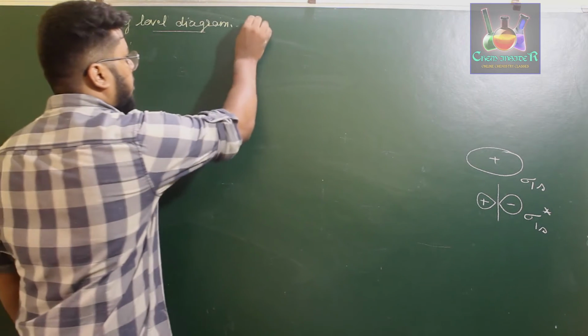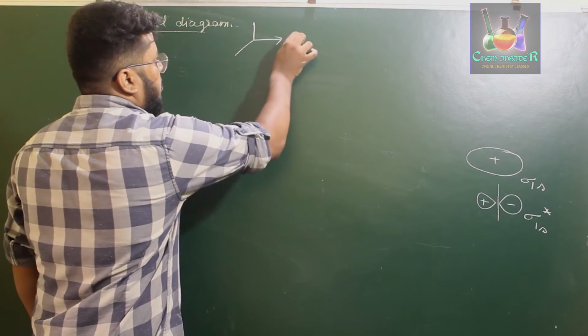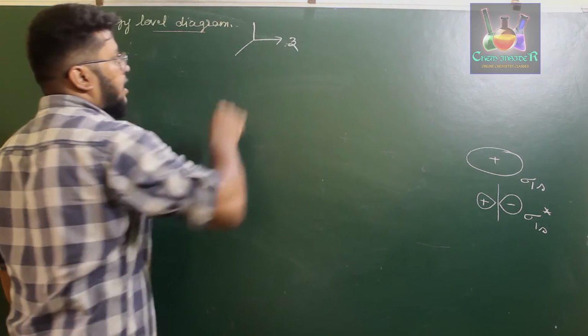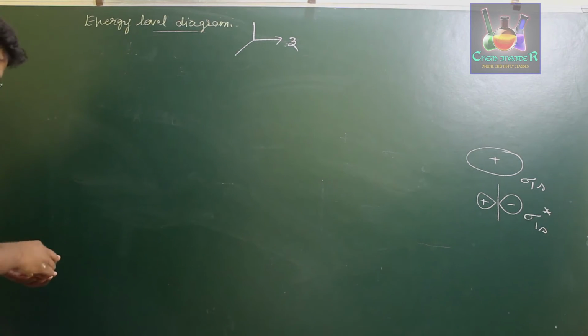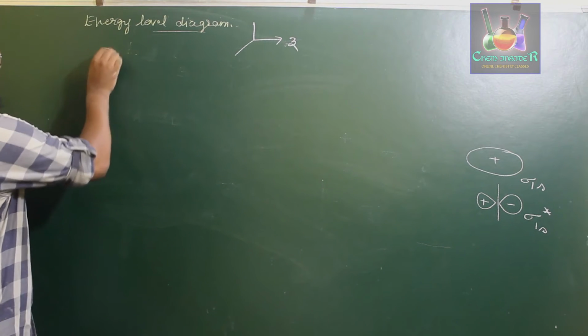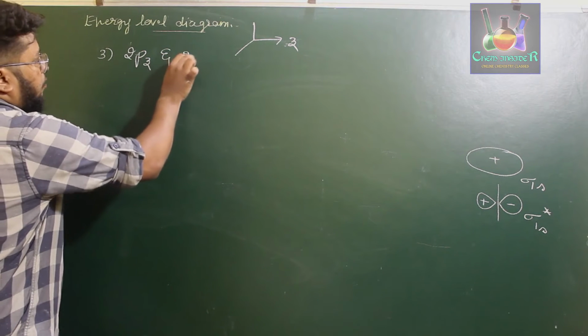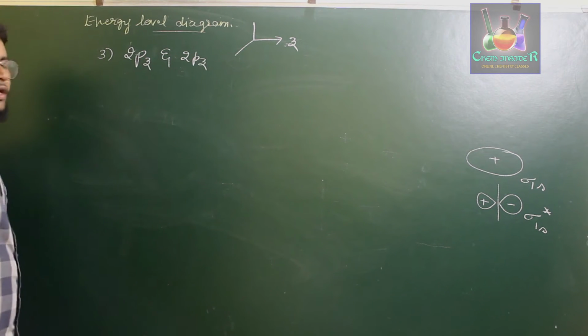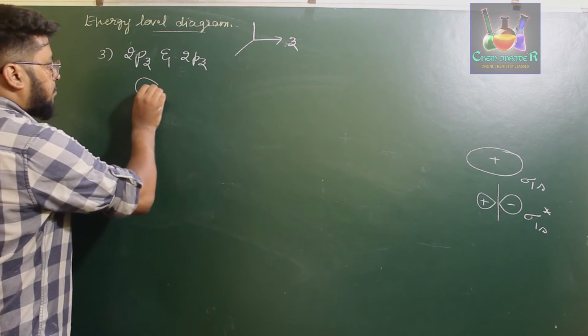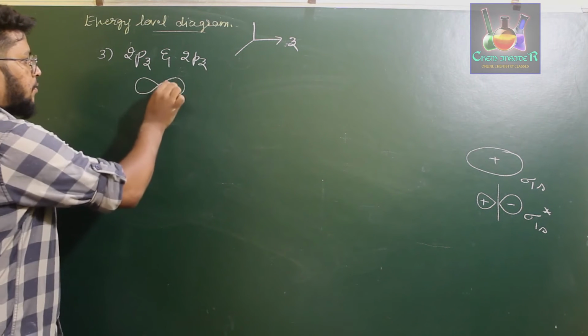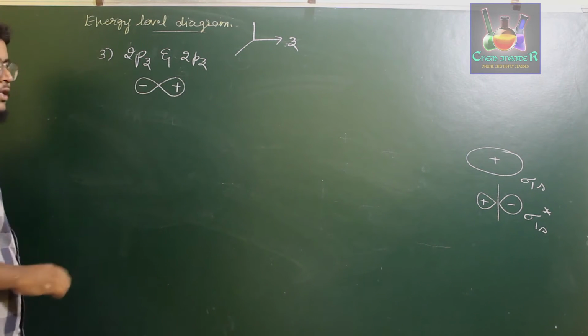So in this particular example, I am considering z-axis as our molecular axis. Therefore, in the third example, we are combining 2pz and 2pz. Okay, 2pz and 2pz. We know 2pz is of this type, positive on one, negative on the other.